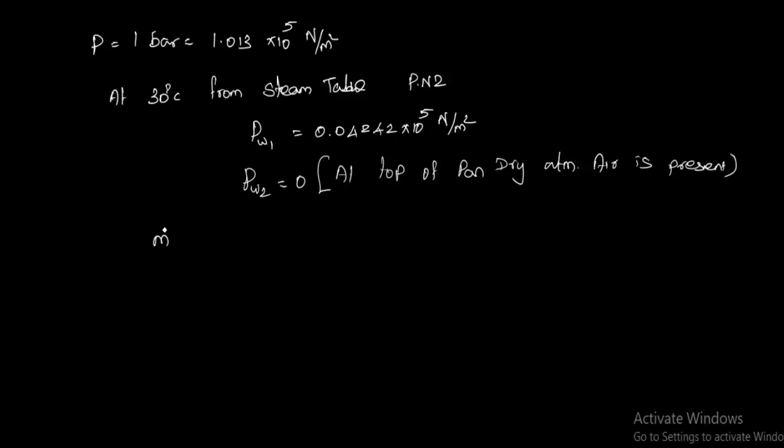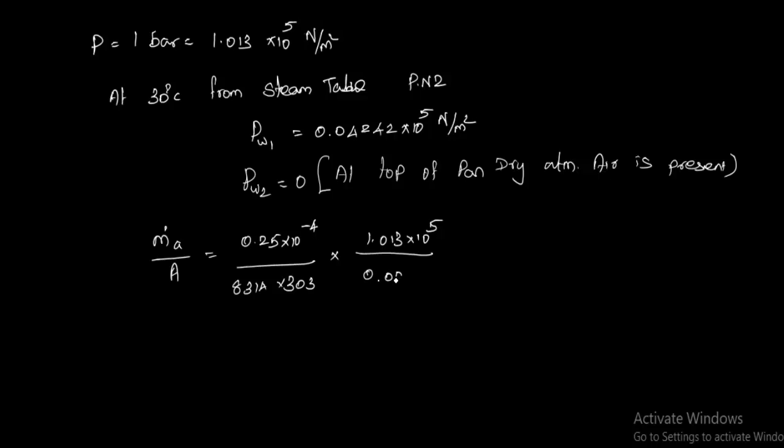Now m dot A divided by A is equal to 0.25 into 10 to the power minus 4 divided by the G value 8314 into temperature 303, into pressure 1.013 into 10 to the power 5, divided by x2 minus x1, which is 20 mm.